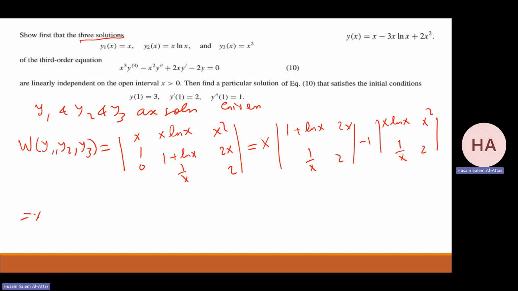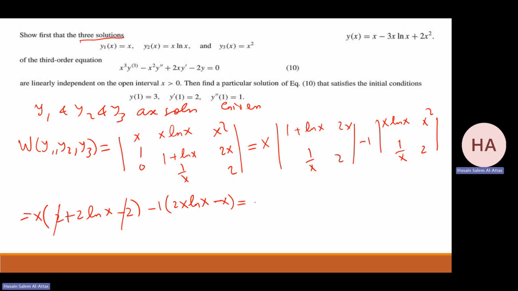That gives me what? x. I have 2 plus 2 ln x, minus 2, minus 1, 2x ln x, minus x. Actually, 2 cancels with 2.